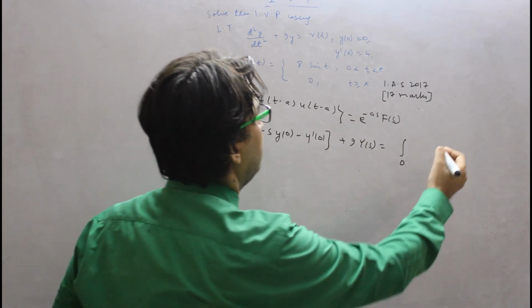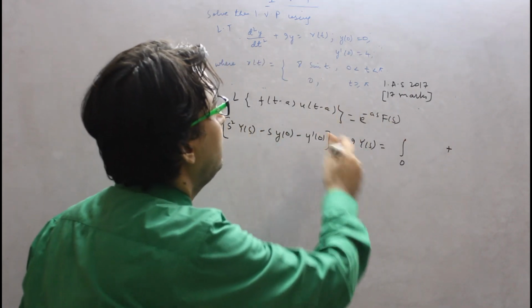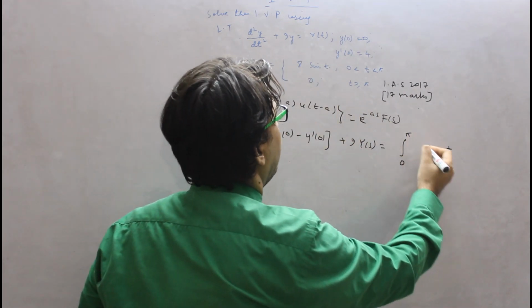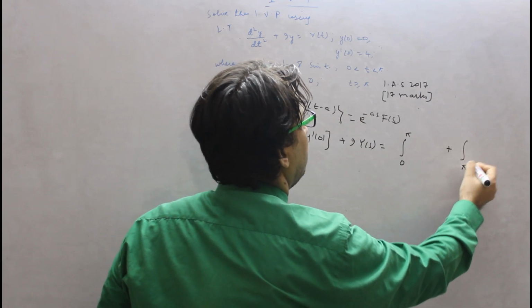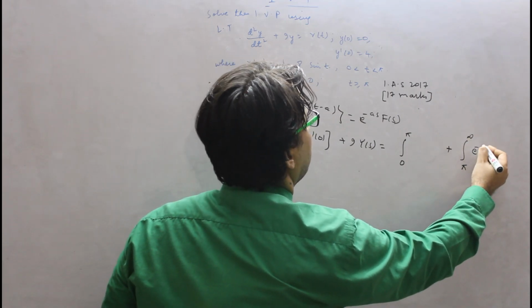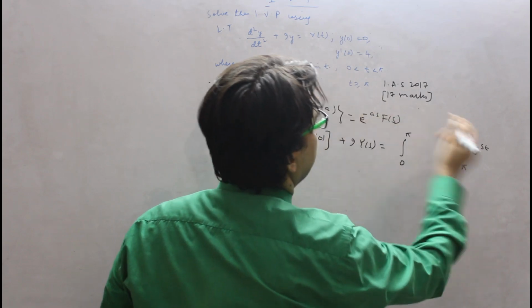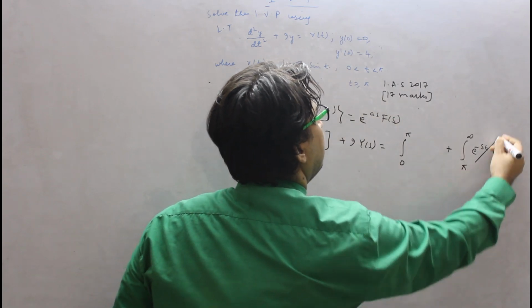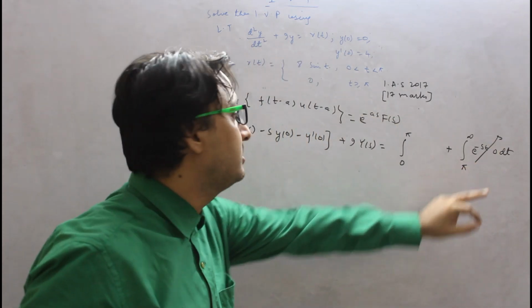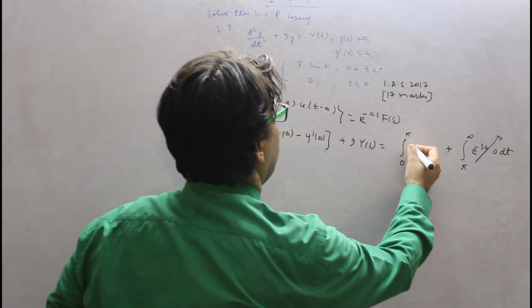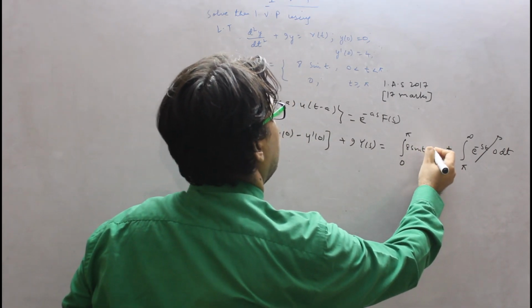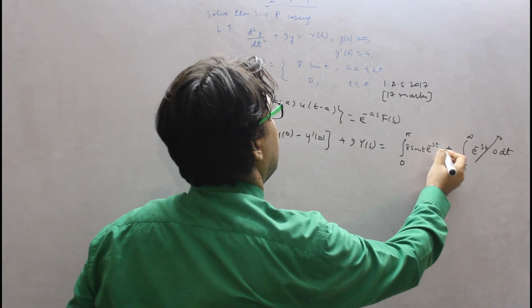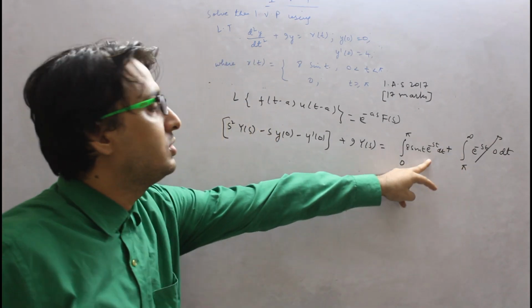Before that, it is divided piecewise, so I can take 0 to pi and pi to infinity. Here e to the power minus st, but here the value is 0, so this will be nullified. For the first part we have 8 sin t e to the power minus st dt. All we have to do is just the integration.